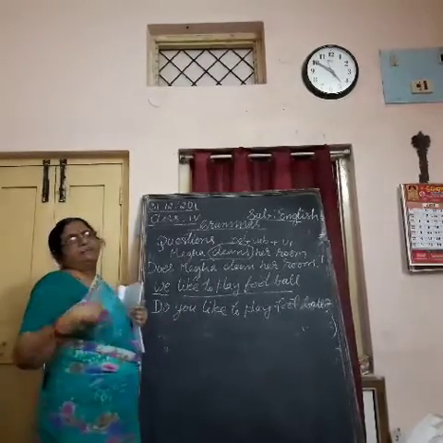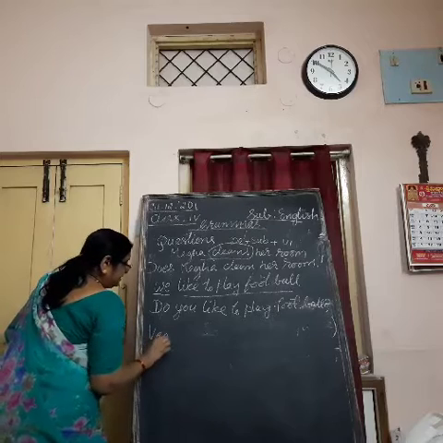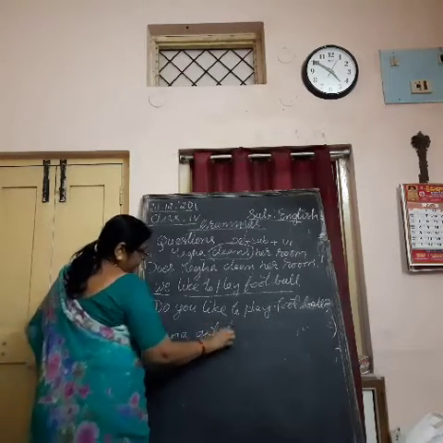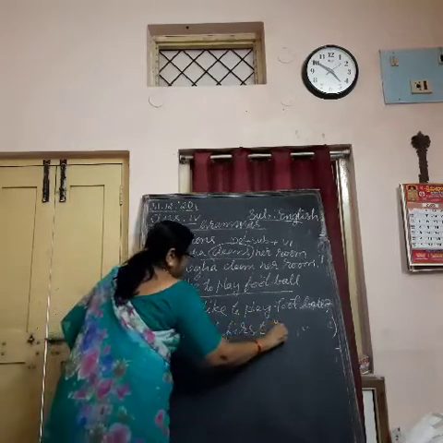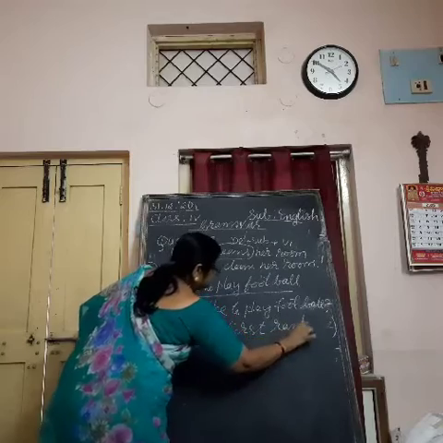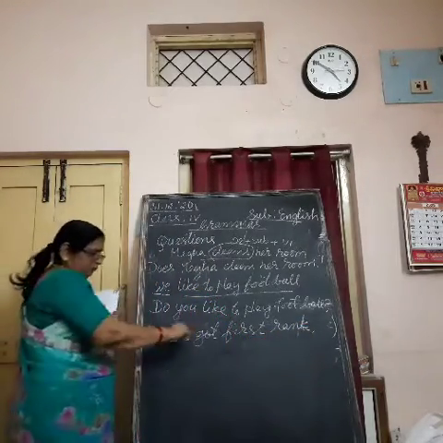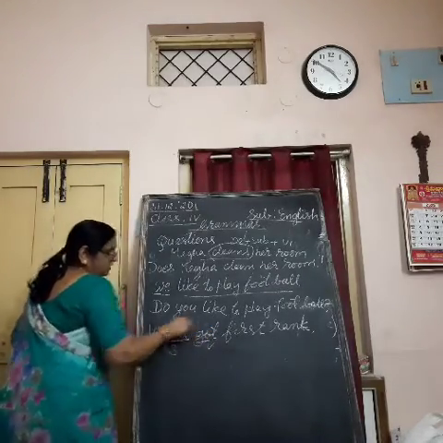Third part with past tense. Veena got first rank. Now see here, first of all, what is subject you have to say. Veena is subject. Got is verb, right? Understand? So, got is past tense.